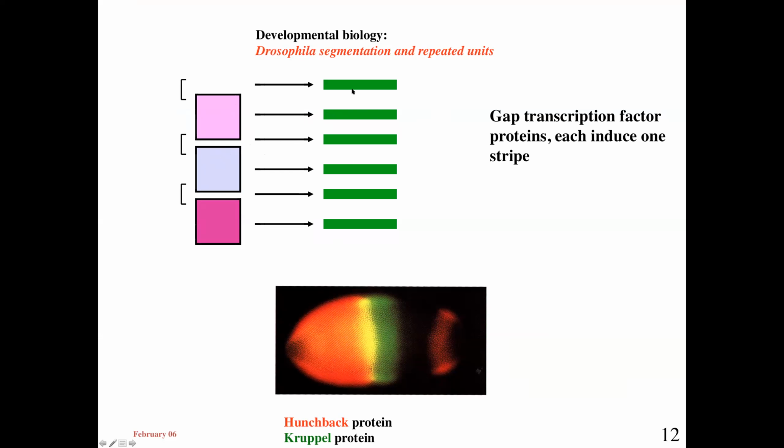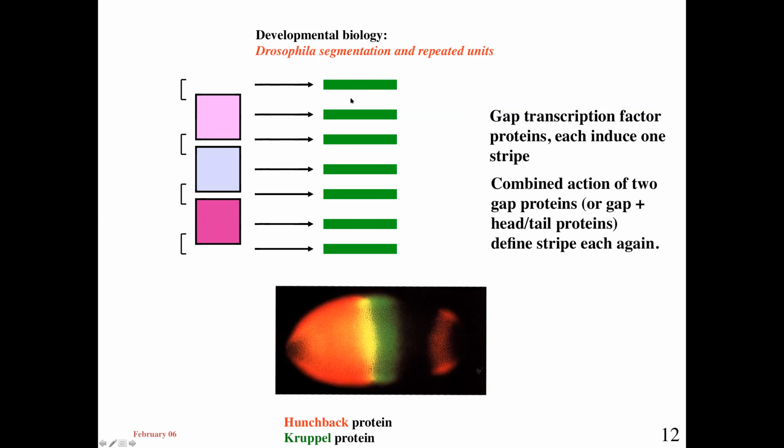Now this is going to refine the expression of the gap genes, and what are the stripes here? Essentially the stripes are downstream target genes that will get activated. So these target genes are nothing but the pair rule genes. So 1, 2, 3, 4, 5, 6, 7. This is the expression of, say, one of the pair rule genes, even skipped or whatever.